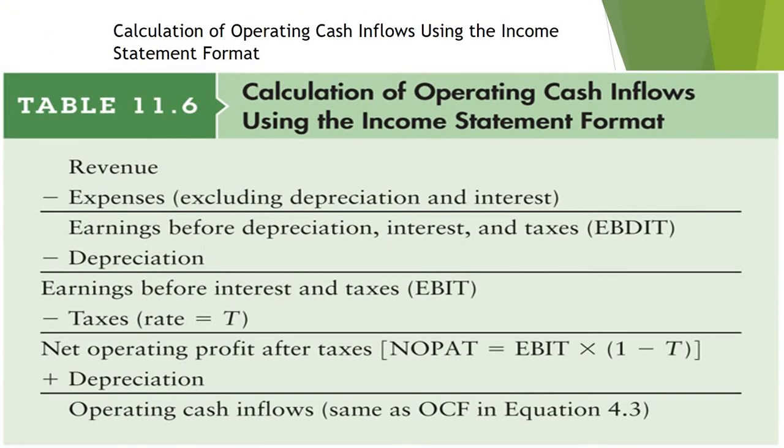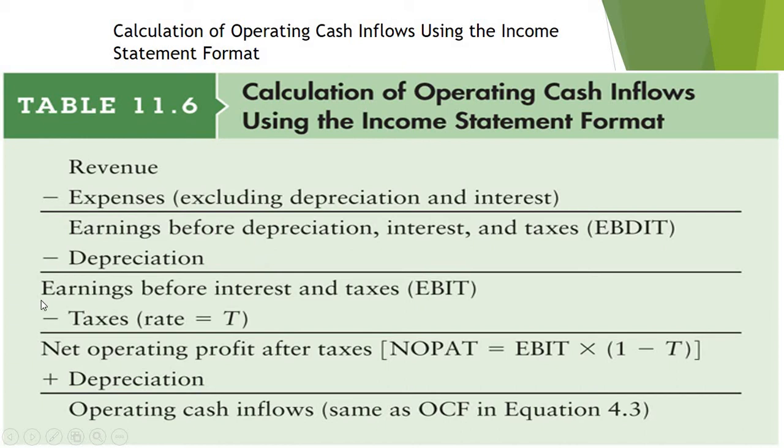Now let's look at the calculation of operating cash inflows using the income statement format. First, we need to know the revenues, then we deduct expenses excluding depreciation and interest, then we get earnings before depreciation, interest and taxes, then we deduct depreciation.